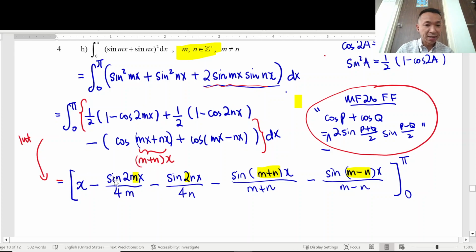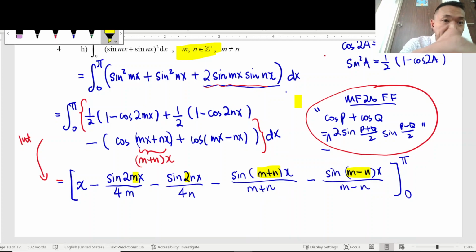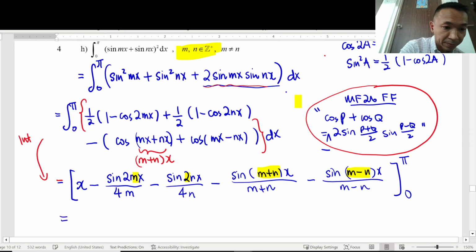Think, what is sine 6 pi? Because you substitute pi here. Sine 6 pi, sine 8 pi, sine 10 pi, 12 pi are all 0. This one also 0. This one also 0. This one also 0. So you're left with a pi. You sub 0 in, sine 0 is always 0. Actually, the answer is just pi.